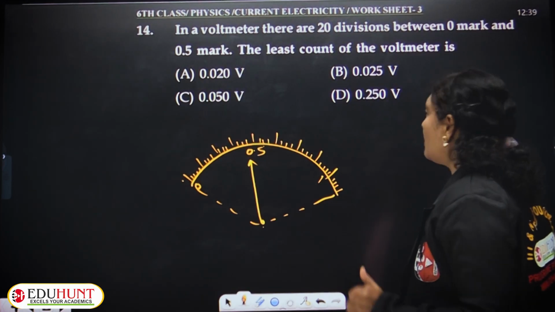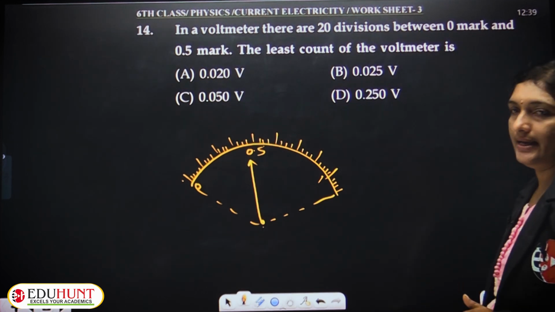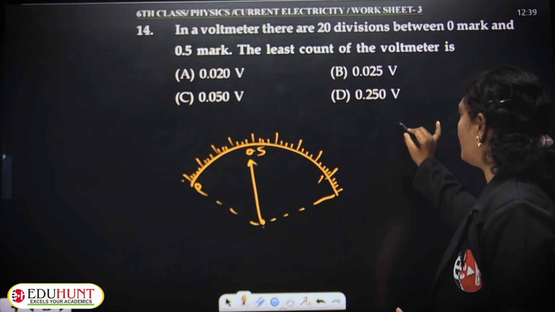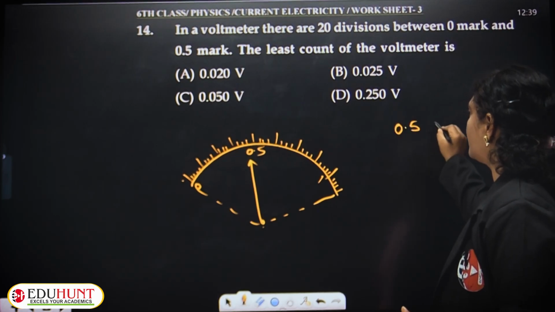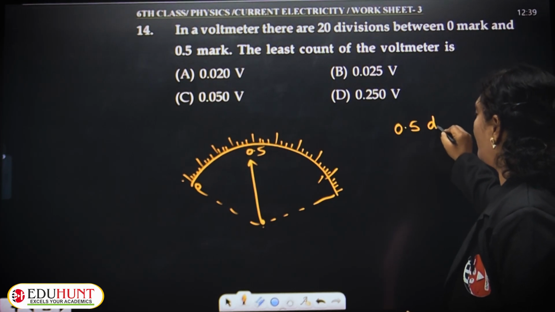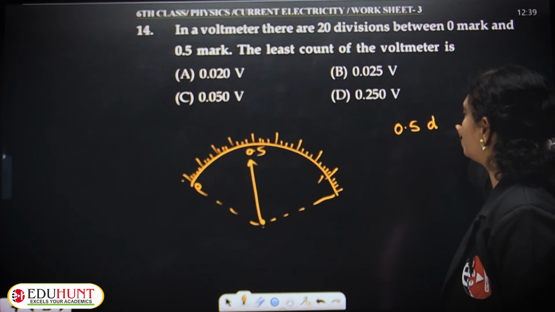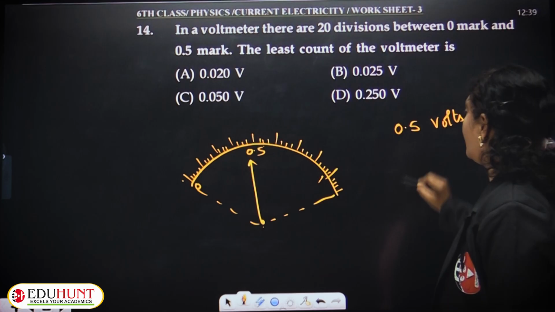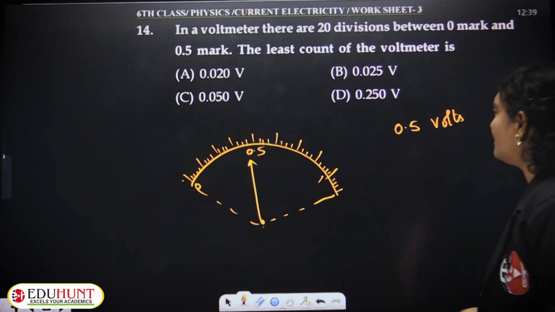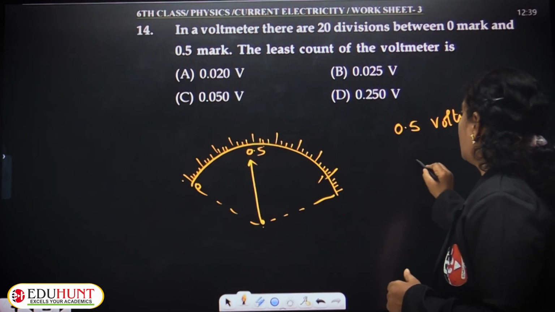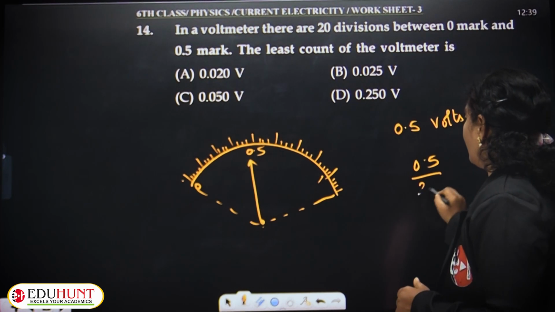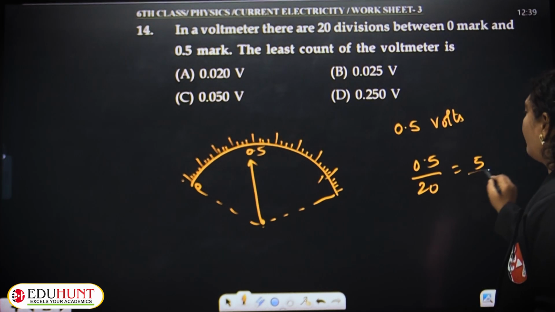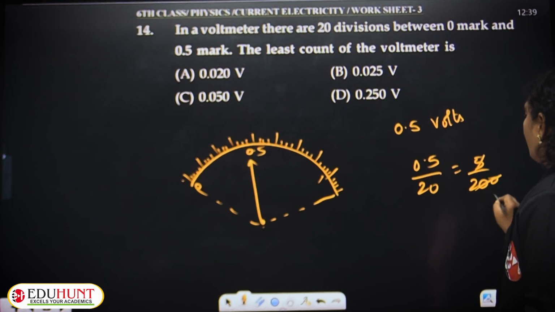The least count of the voltmeter is, from 0 to 0.5, totally how much value is there? 0.5 volts. So this 0.5 volts is divided into 20 divisions. So 0.5 divided by 20. How much would it be, children? Something like 5 upon 200.